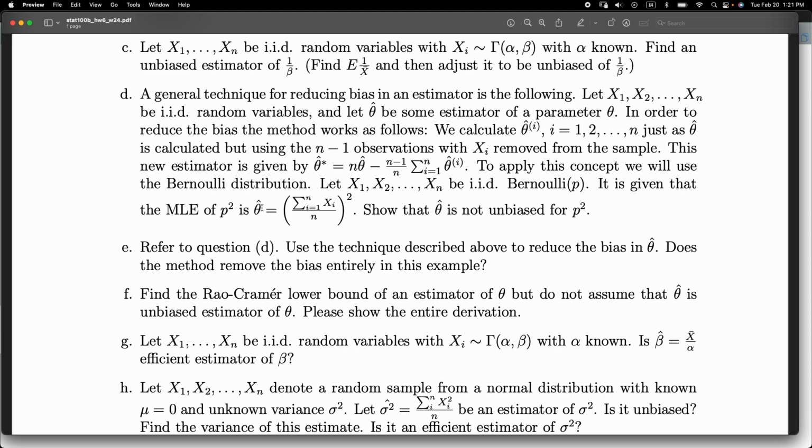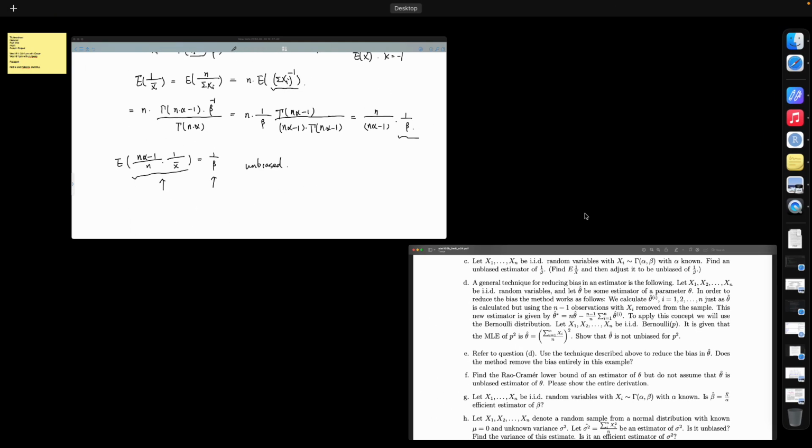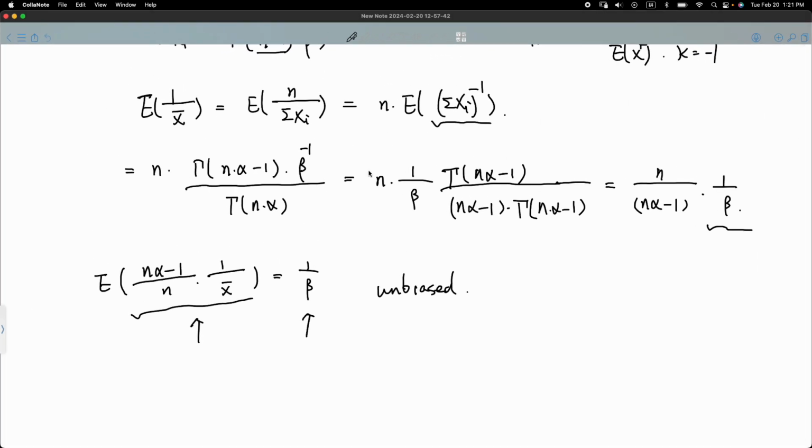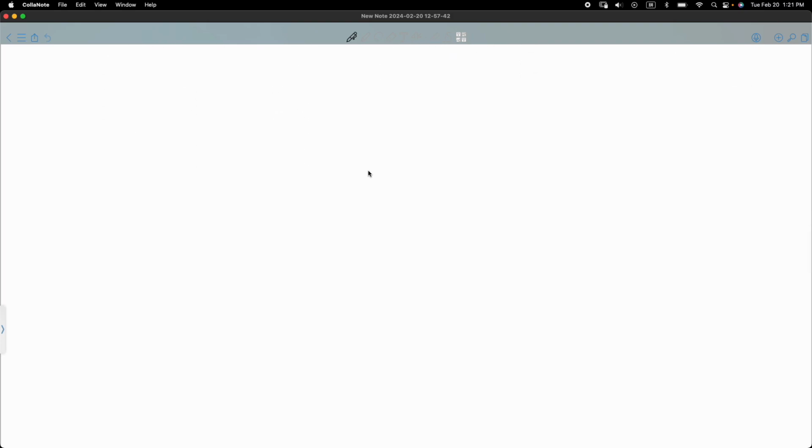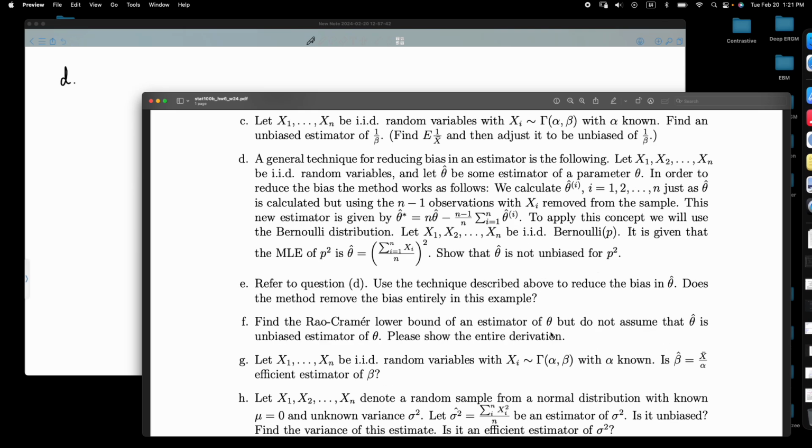So this is the estimator for p square, and we want to show that this estimator is not unbiased for p square. So we just need to take the expected value for that and then see it is not going to be p square. And then we can show that it's not unbiased. Okay, this is for part D. Let me see.